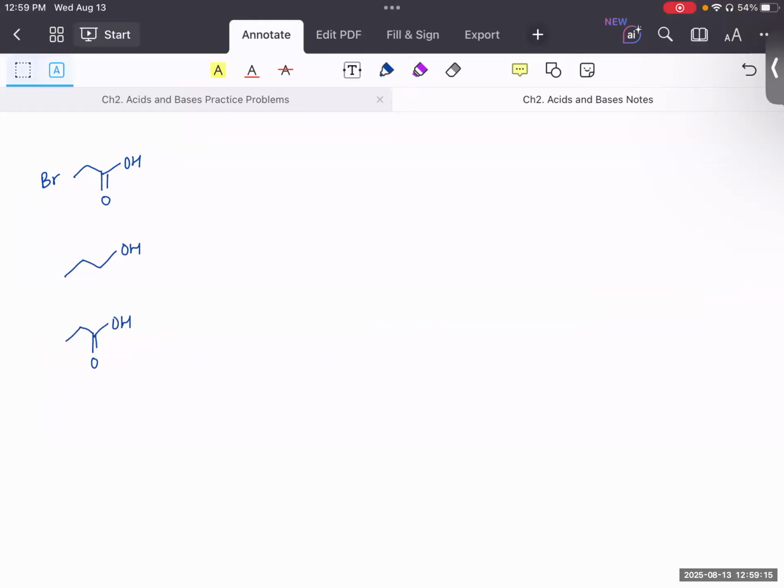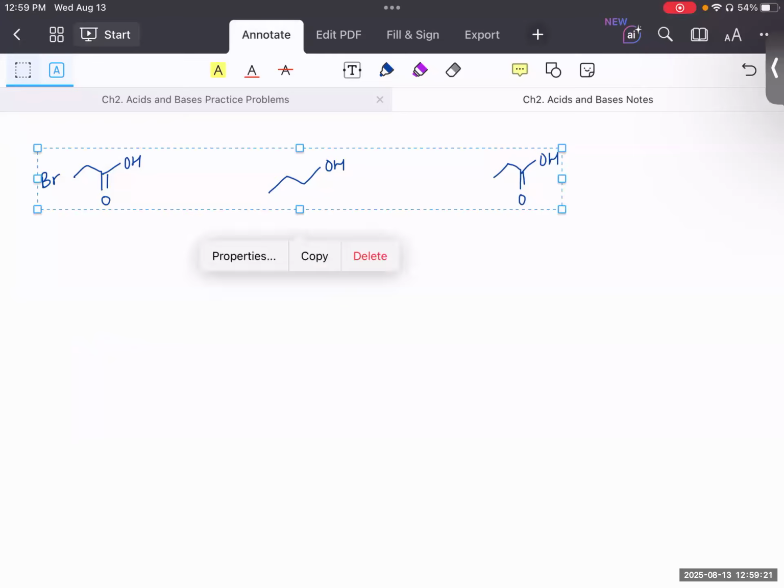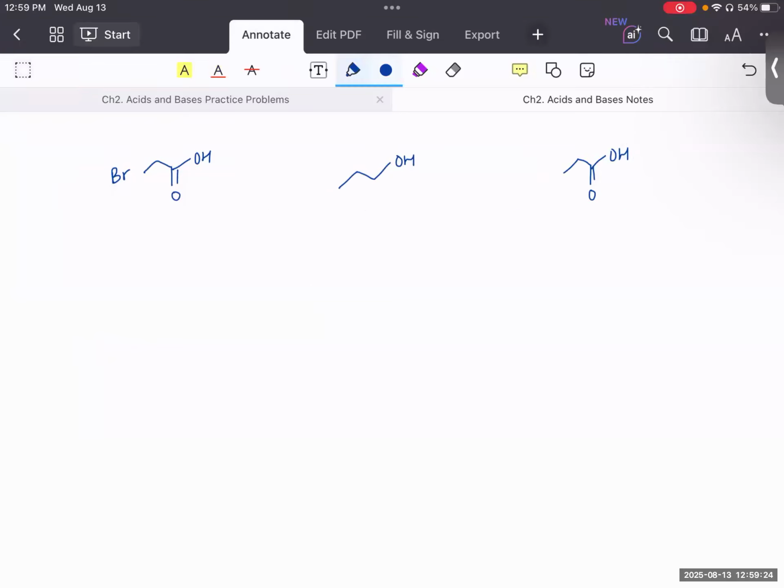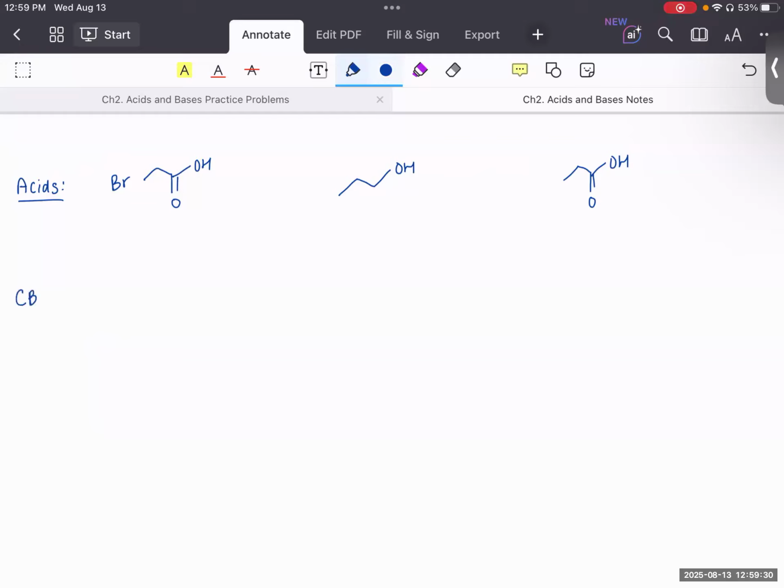So these are going to be our acids that we have. For this one, again, the first thing we want to do is draw out our conjugate bases for each one. For that, we would deprotonate the most acidic hydrogen, which would be the ones bonded to the oxygen.